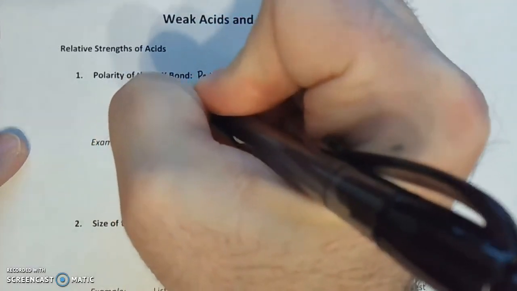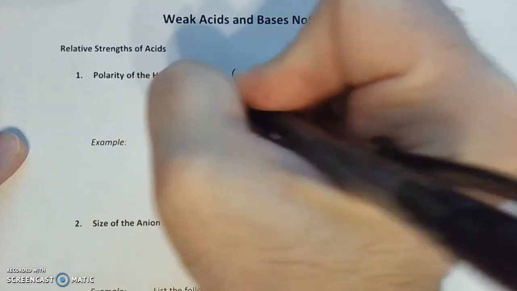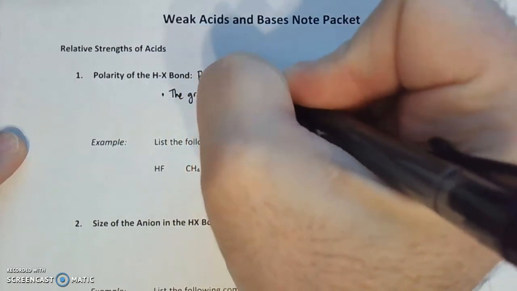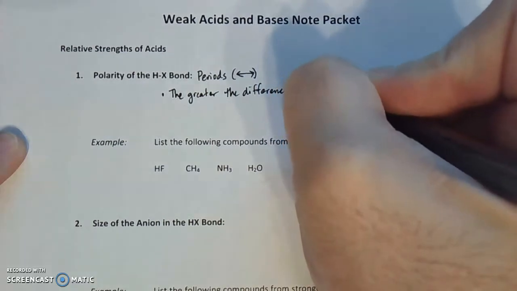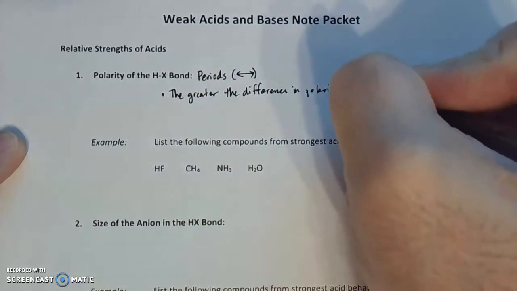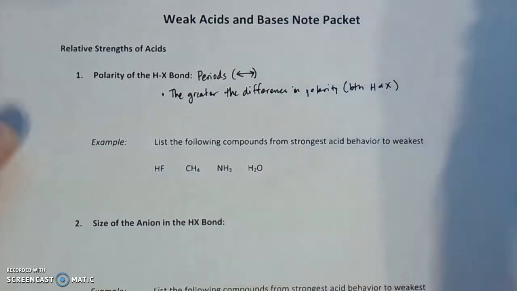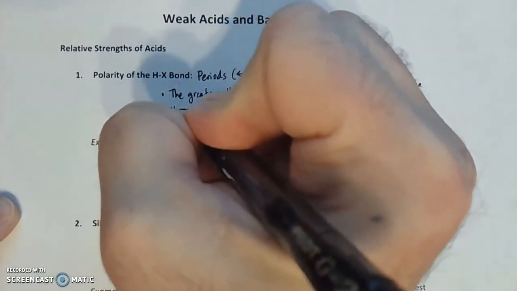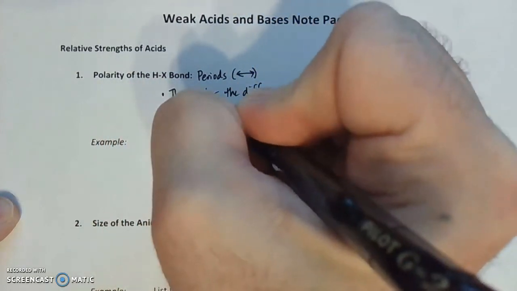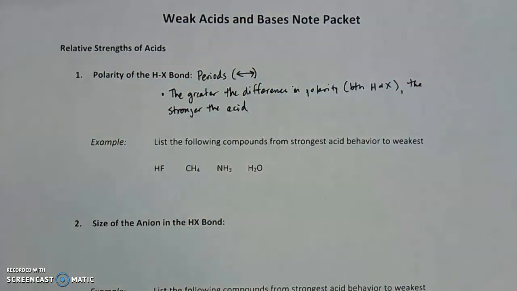So the greater the difference in polarity, and that's going to be between H and what it's bonded to, the stronger the acid. So if you remember, polarity deals with how electrons are shared.